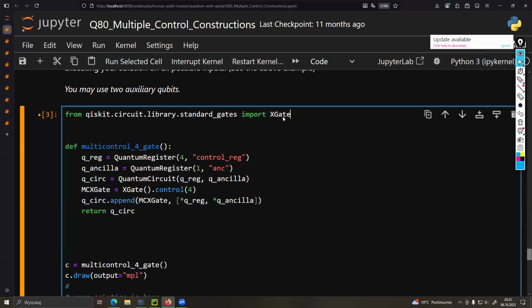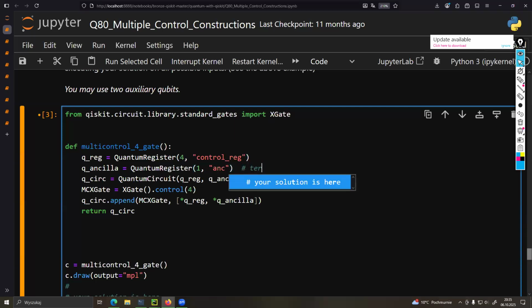First of all, you import an X gate from the standard library, and then you define a quantum register of 4 as the control register. And once you have done this, this is your ancilla that you want to perform, or this is your target.